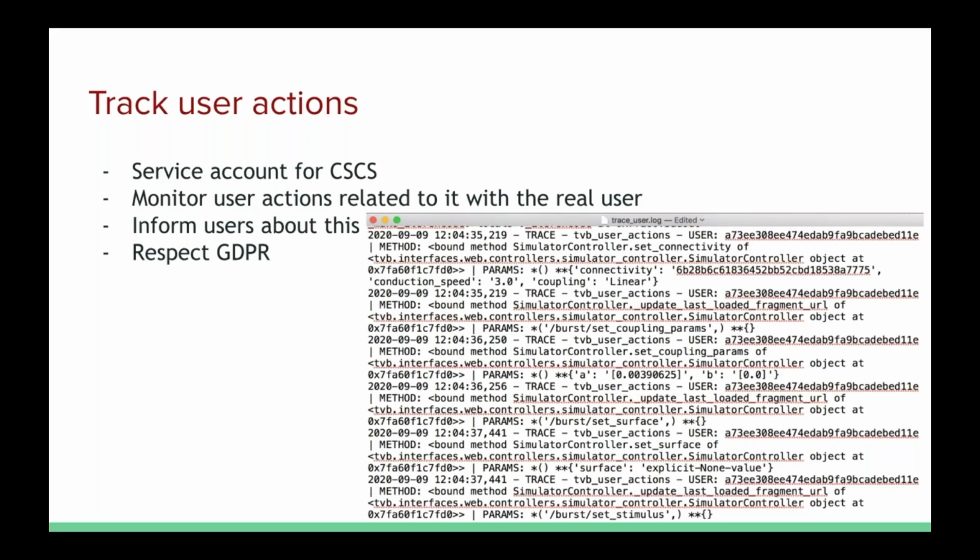And by that, I mean the fact that when talking about having a TVB service account for CSCS and exposing this to larger access, we will need to monitor and ensure that the users actually use that in the proper manner. And again, as a first step towards doing that, what we have come up with is a way of monitoring user actions.